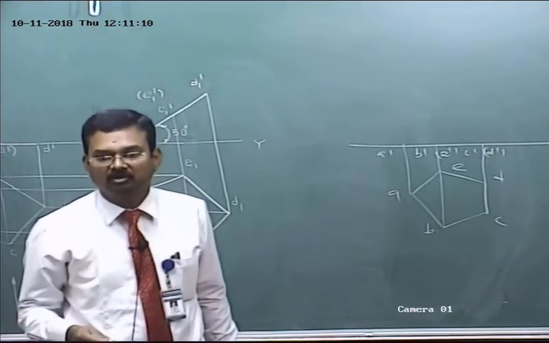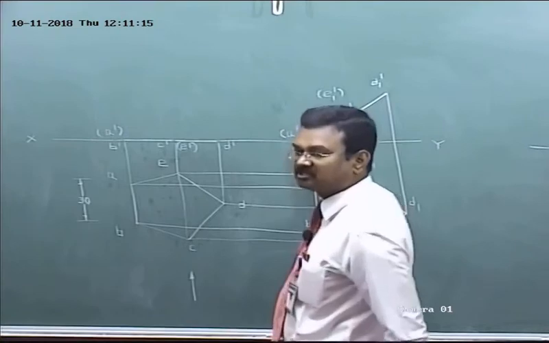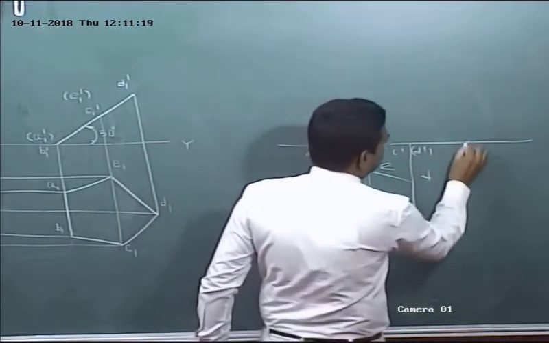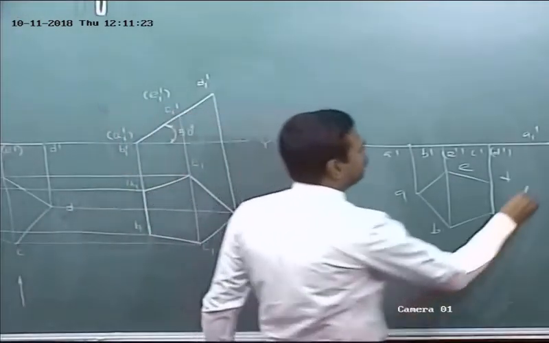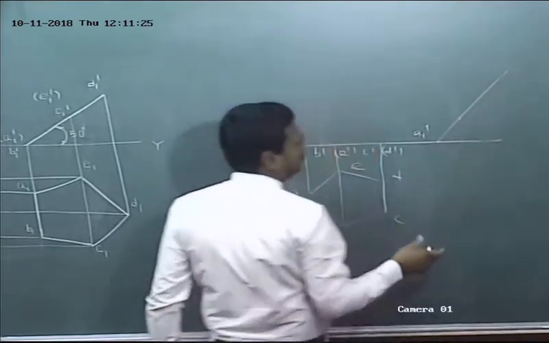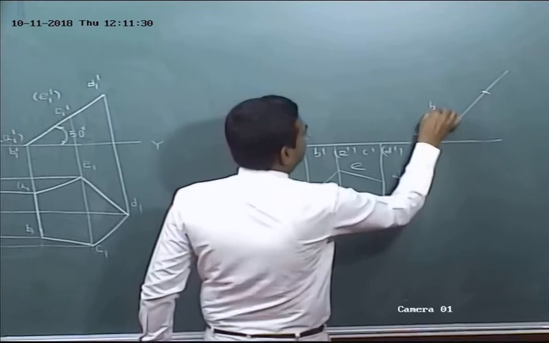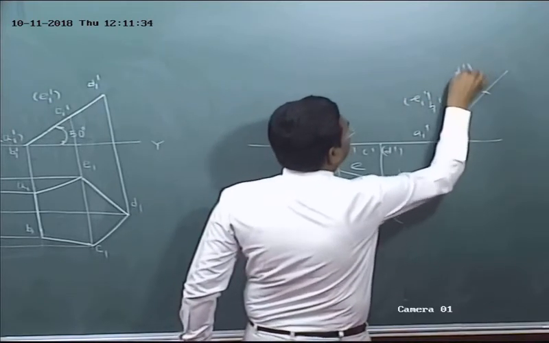Step 2: tilt and reproduce the first step top view to the given condition. What is the condition? In the previous problem, one side AB was resting on HP. Here, one corner A is resting on HP. This is A1 dash. Next, mark the angle 50 degrees. By using a compass, mark the other points. This is B1 dash, E1 dash invisible, C1 dash, D1 dash invisible.